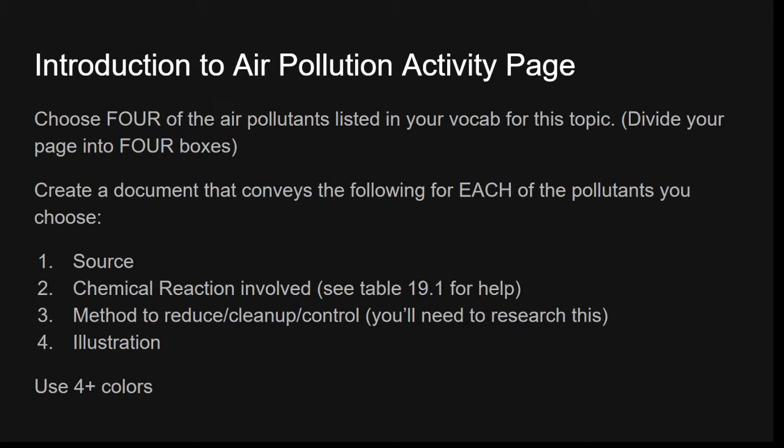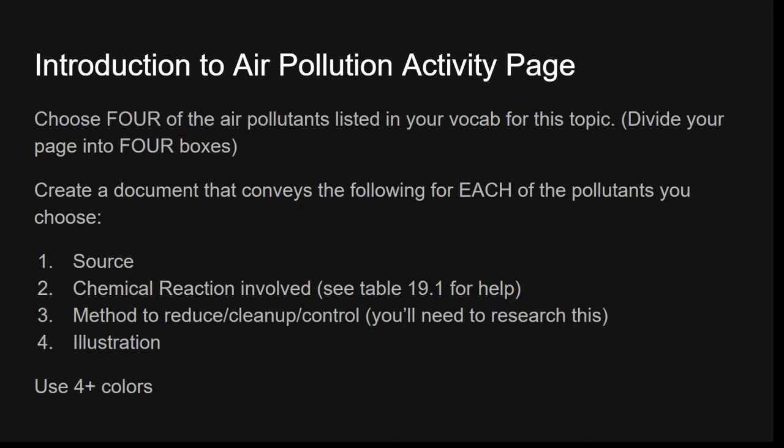Okay, so for your activity page for this topic, what I want you to do is divide the page into 4 boxes, and then go back to that vocabulary list and pick 4 of the air pollutants listed that you found to be the most interesting. Then in each of those boxes, tell me the source and the chemical reaction involved.